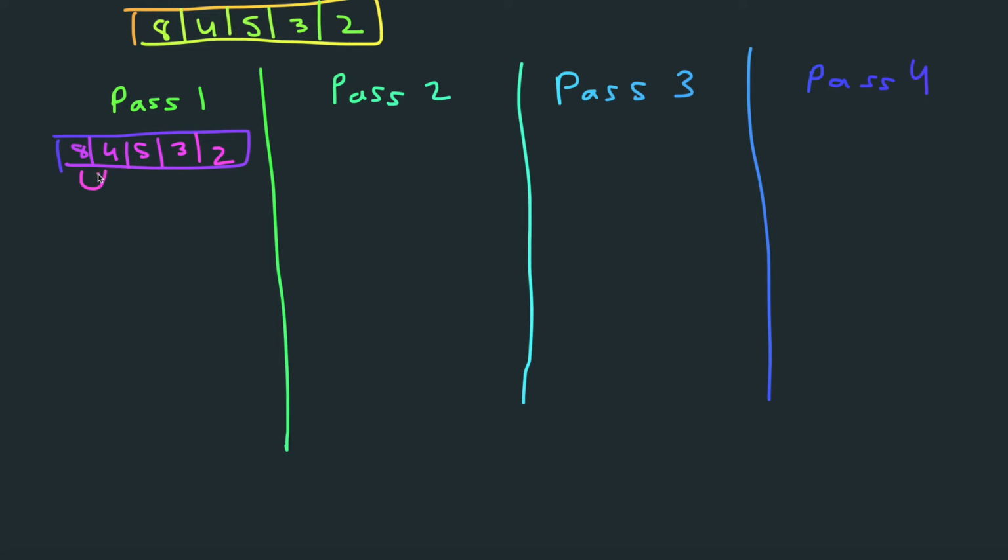We compare the first integer with the second integer. Here 8 is compared with 4, 8 is greater than 4, so 4 is bubbled to the first position and 8 is bubbled to the second position. Next 8 is compared with 5, 8 is greater than 5, so 5 is bubbled to the second position and 8 to the third position.